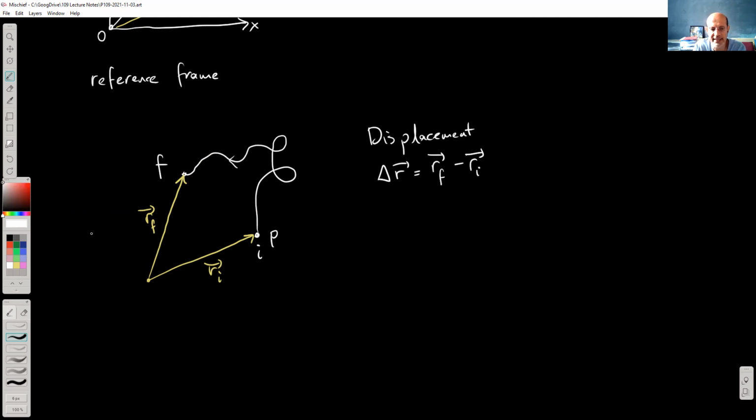You can think of it as an algebraic way of looking at this, but we also have the geometric way of understanding what displacement is. It's basically the vector drawn from the initial location to the final location. So we know that this algebraic operation corresponds to this geometrical quantity.